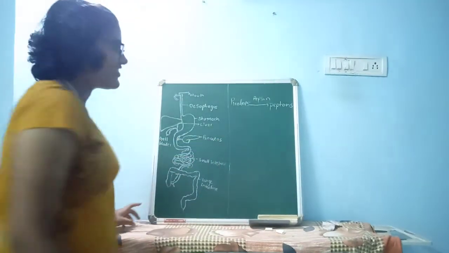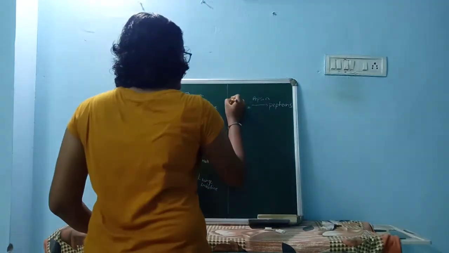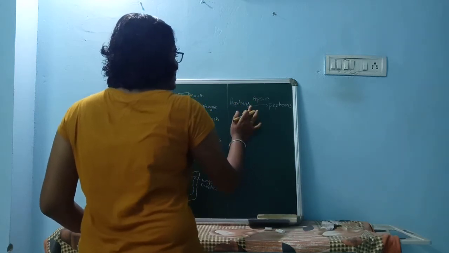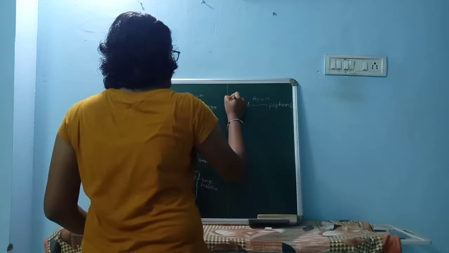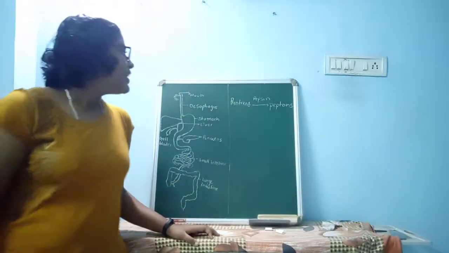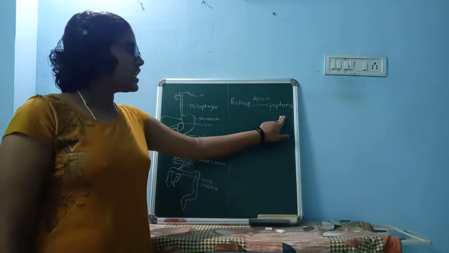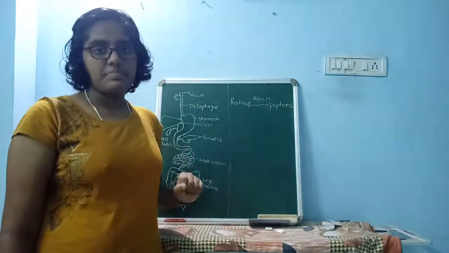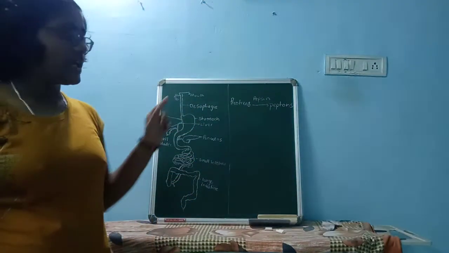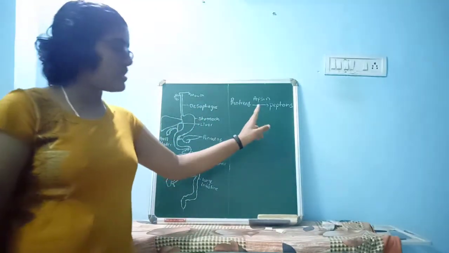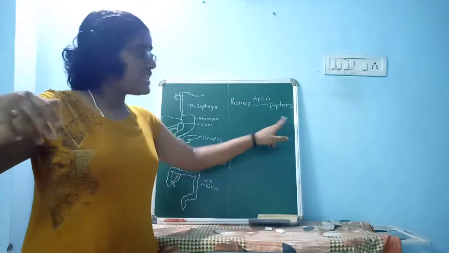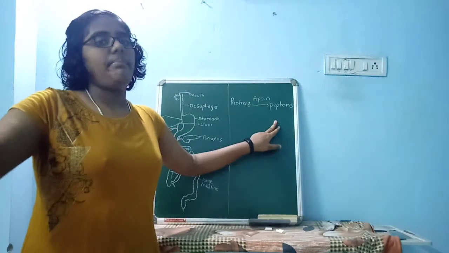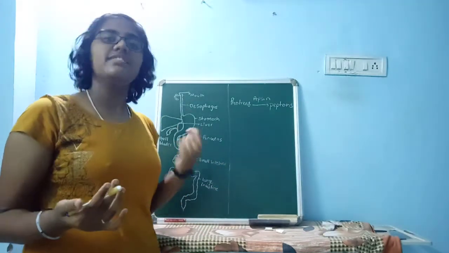Sorry, I have written the spelling wrong. Proteins, sorry for the spelling mistake. Okay. Proteins convert into peptones in the presence of pepsin. Now this is the second equation we have got. Please remember all these. This is not the last form of protein. These peptones will still convert into another form in another part of the body. That I am going to explain further.